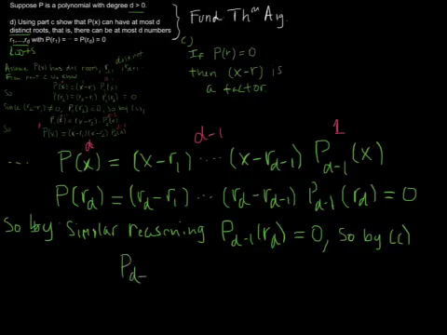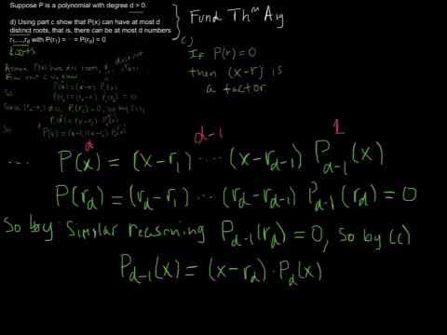P sub d minus 1 of x must have a factor which is x minus r sub d. And it must go in evenly, right? So it must be multiplied by some other polynomial. We'll call this p sub d of x.